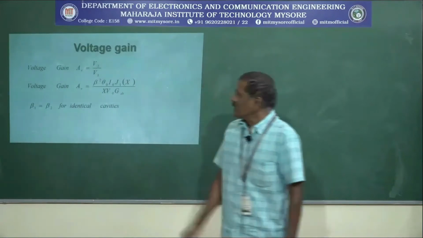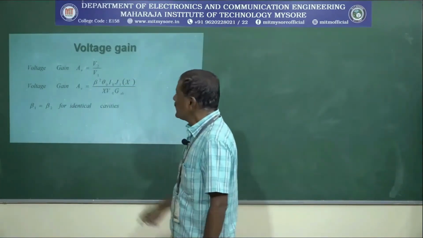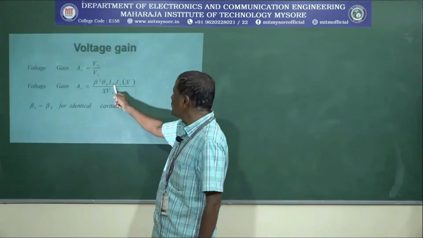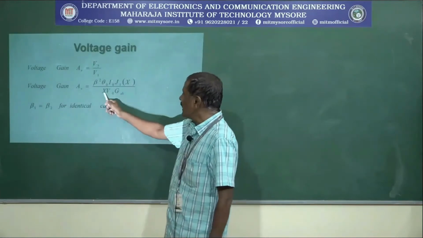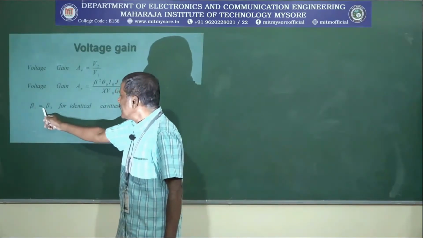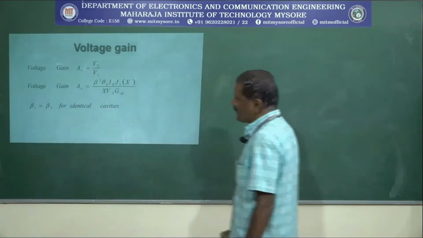The voltage gain is calculated from the equation AV equal to V2 divided by V1, and V2 is calculated from beta square theta 0 V0 into J1 of x and x into V0 into GSH, and B1, that is coupling coefficient B1, is equal to B2 for identical cavities.